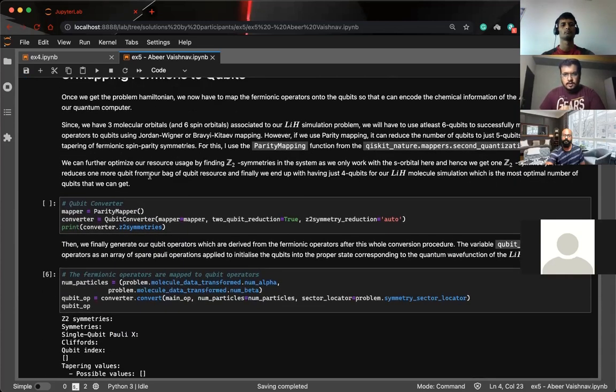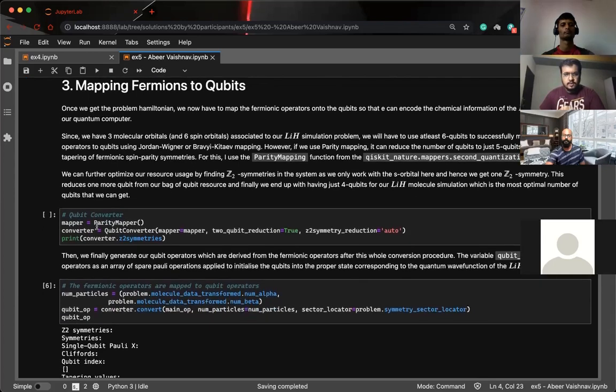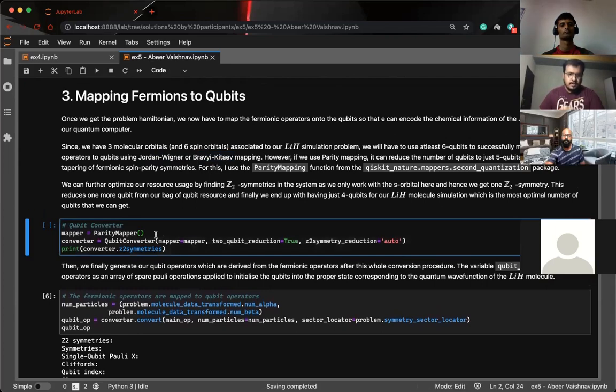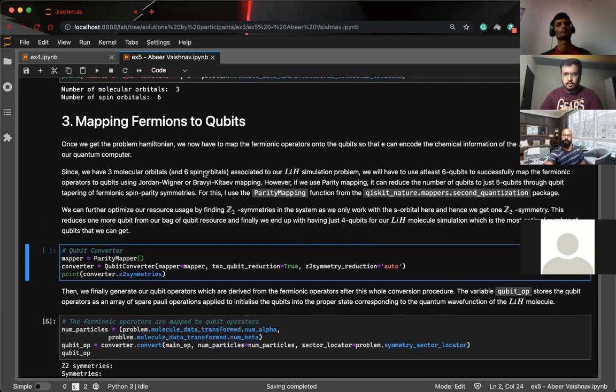So what we do essentially is we use a parity mapper. There are other types of mappers as well, like Jordan-Wigner mapping and Bravyi-Kitaev mapping, but here we use the parity mapper because there is an inherent parity symmetry in this specific problem.